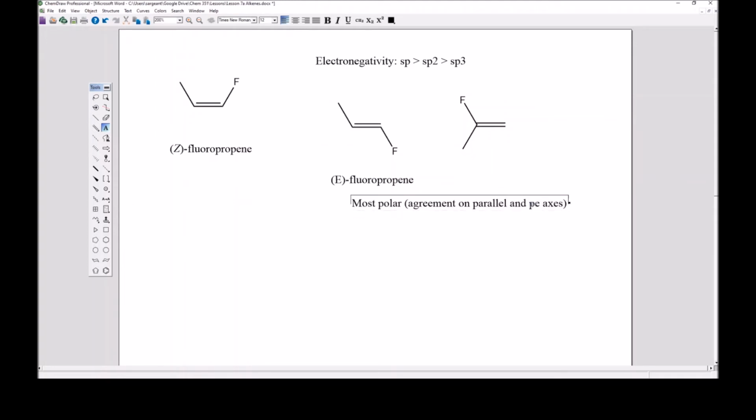We'll call this perp. All right, so there's agreement along the parallel and the perpendicular axes. In this compound right here, it is agreement on the perpendicular axis, and there is disagreement on the parallel axis.